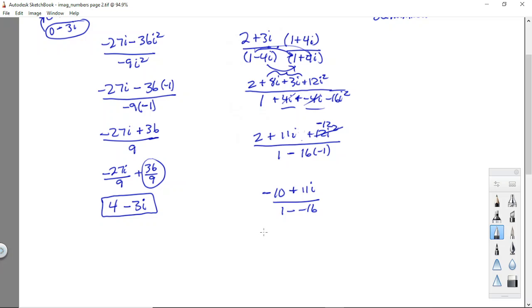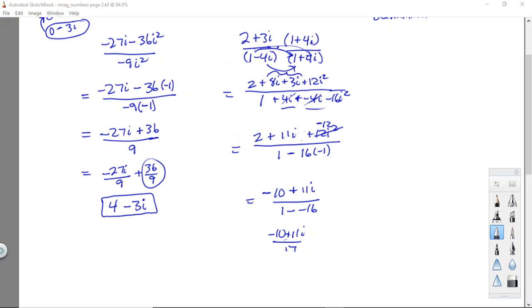So let's go ahead and write that. We could go ahead and put some equal signs here. Okay, so we have negative 10 plus 11i over 17. Because 1 minus negative 16 is 1 plus 16, which is 17.